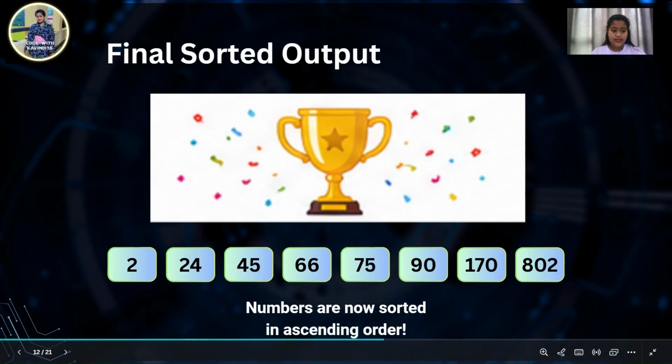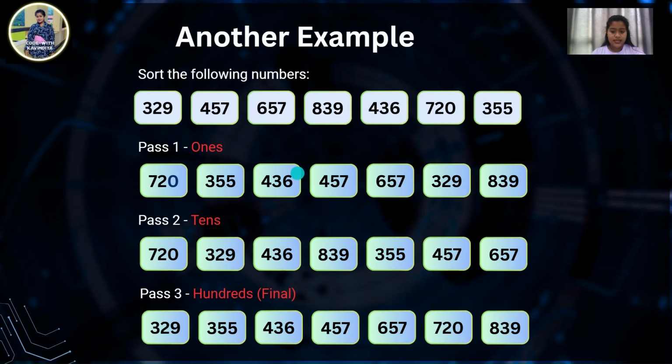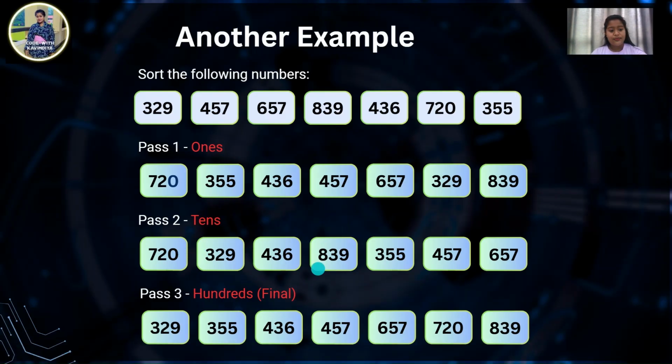Here is another quick example on screen with 3-digit numbers. Pass 1 sorts by ones, pass 2 sorts by tens, and pass 3 sorts by hundreds, and boom, completely sorted.